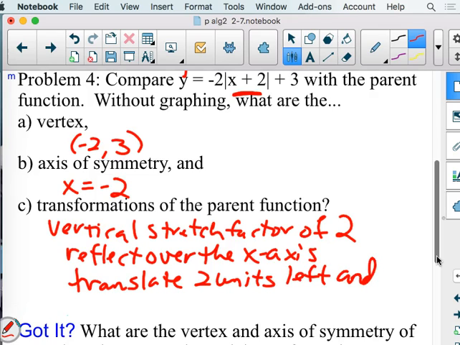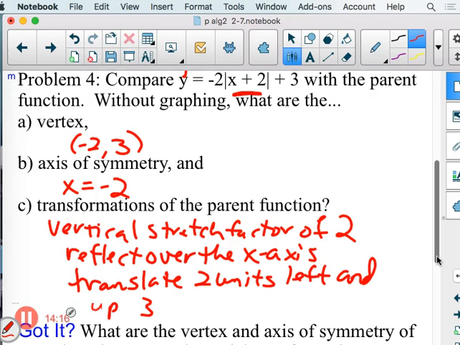And we have one more to go. What's the plus 3 doing in the back? Up 3. So translate 2 units left and up 3. Those are both translations. We can combine them together. Cool. So all that just from seeing what we have up there.